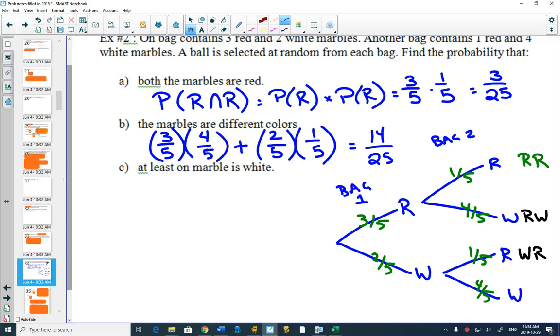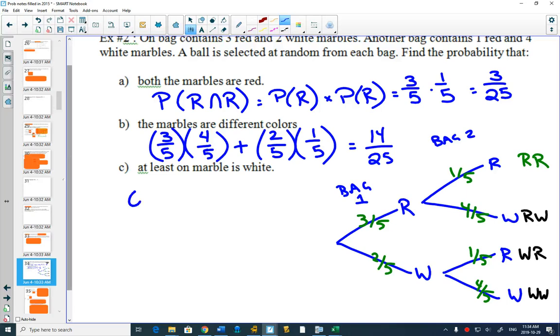Now for part C, there's 2 different ways you can logically think about this one. You could either say at least one marble is white. Can you see that there would be 3 cases on our tree diagram that show that? The white and white, white and red, red and white. You could add all 3 of those together.